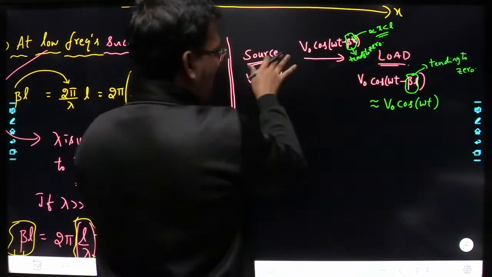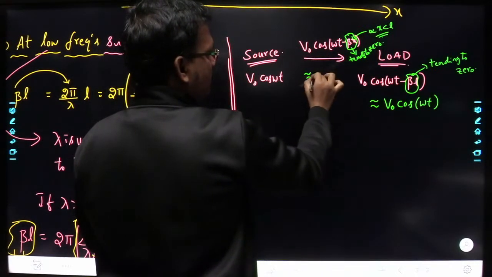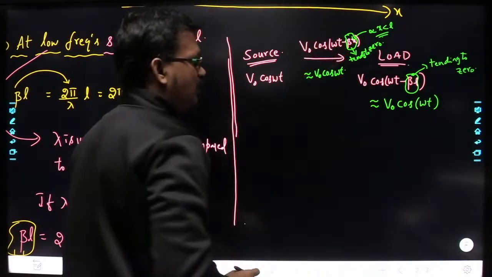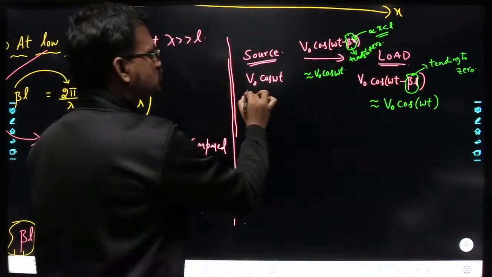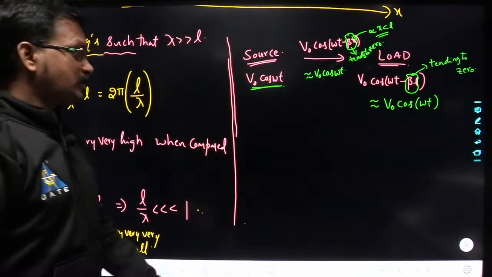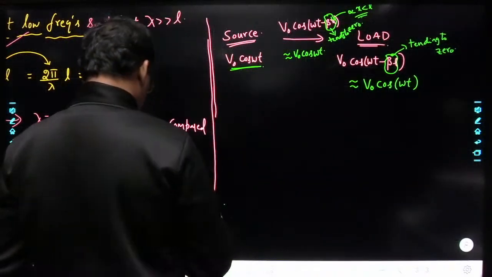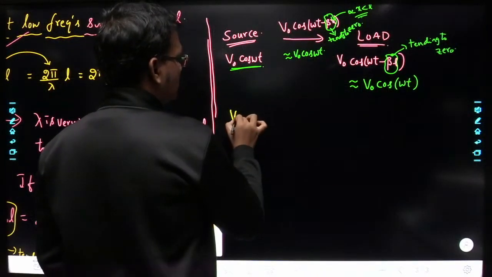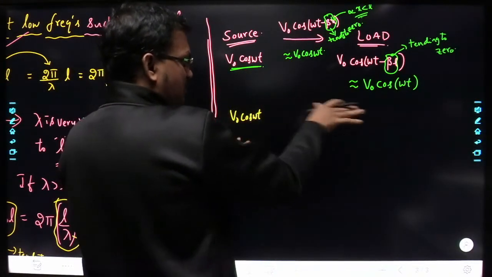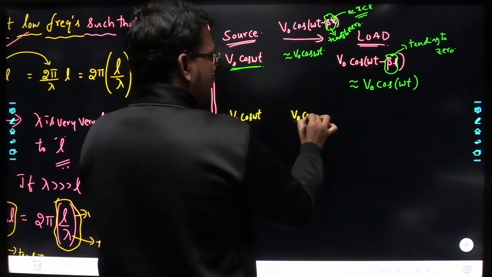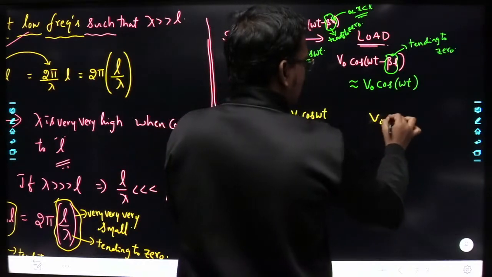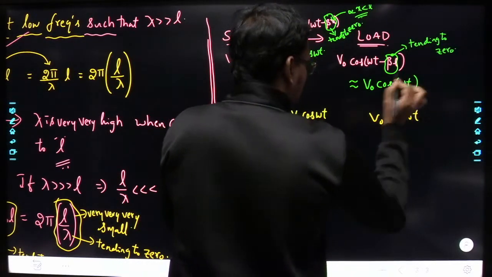So on the line, the voltage will be approximately V naught cos omega t. At the source you also have V naught cos omega t, and at the load also V naught cos omega t.